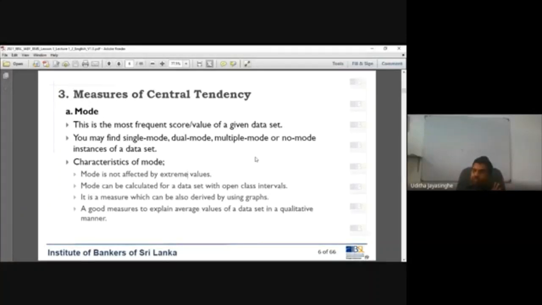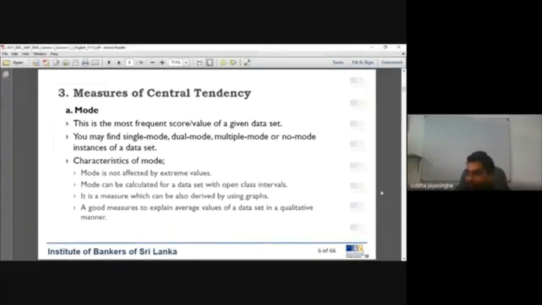But then again, given one or two extreme values or an outlier, the mode will not be affected. Now, these kinds of statements, when we move to the second part of the day on examination questions, you will see plenty of them being tested again and again by the examiner. Okay, so that's about mode.